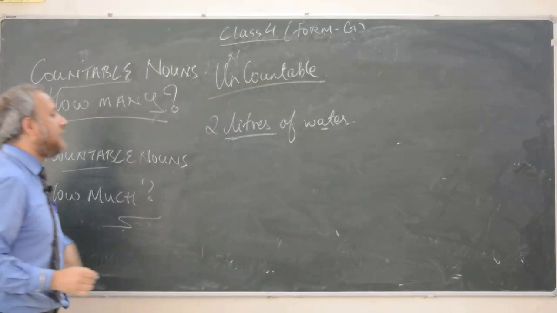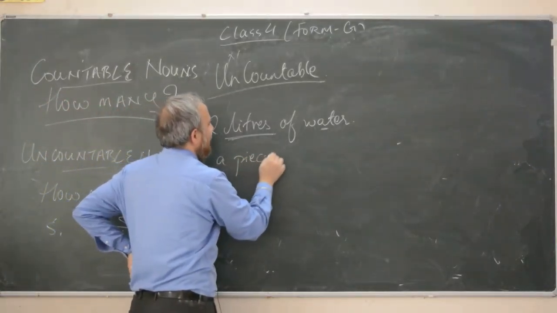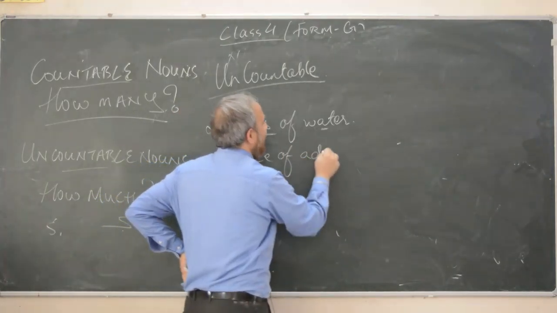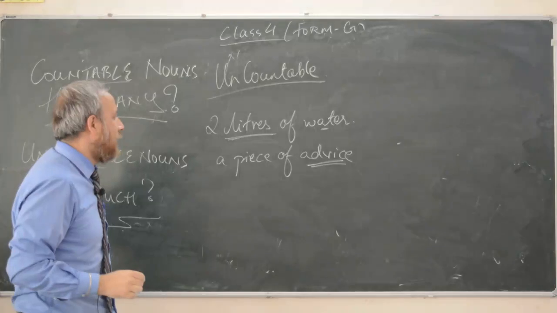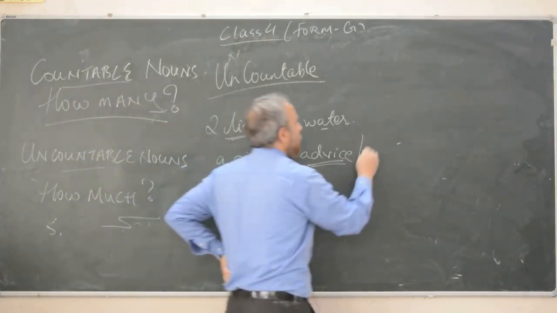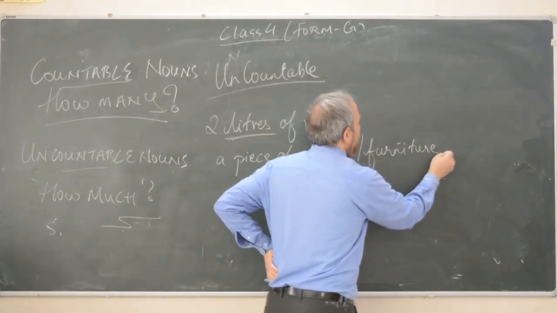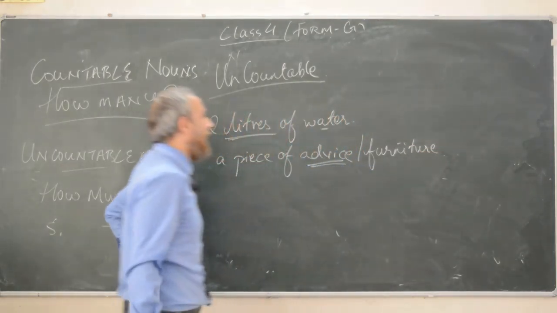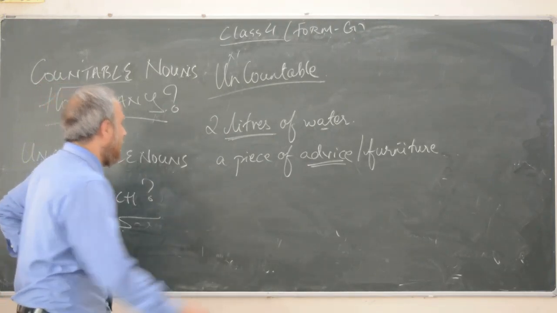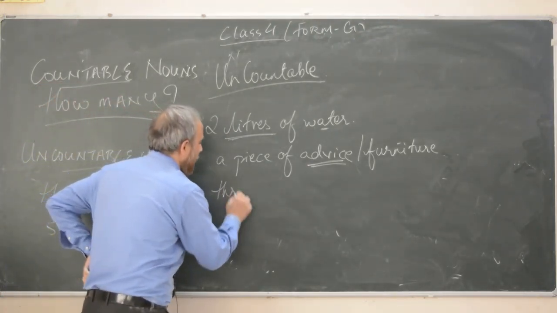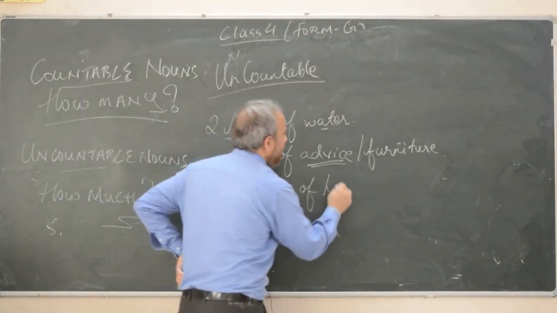So I can say 2 liters of water, I can say a piece of advice. Advice too is an uncountable noun. Or a piece of furniture. Furniture too is an uncountable noun, remember that. Or I can say 3 jars of honey.